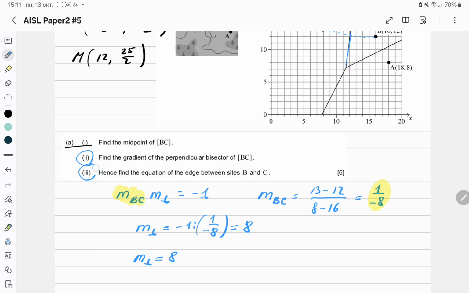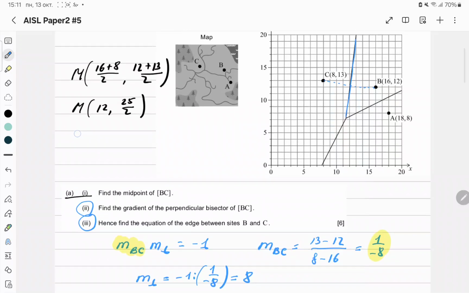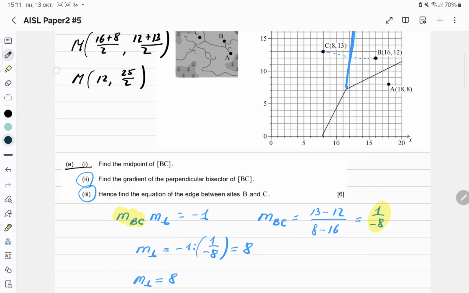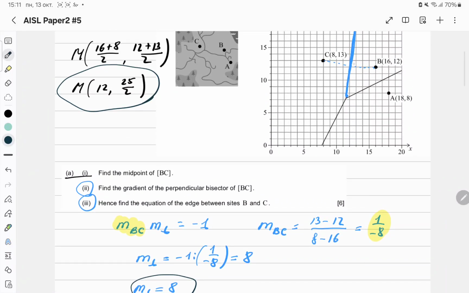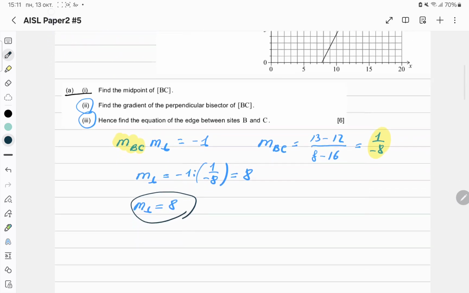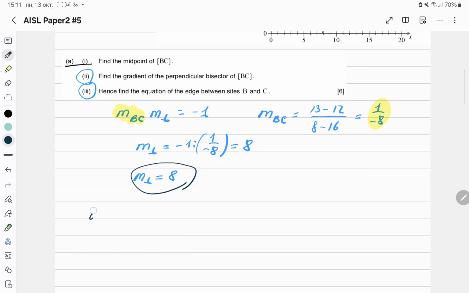Okay, hence find the equation of the edge between sites B and C. We know that the edge is this line, right? So we have to find the equation of this line. Let's do that. We have the slope and we have a point, the midpoint somewhere here. As we know, the equation of the line is y equals mx plus c, where m in this case is 8. So 8x plus c.